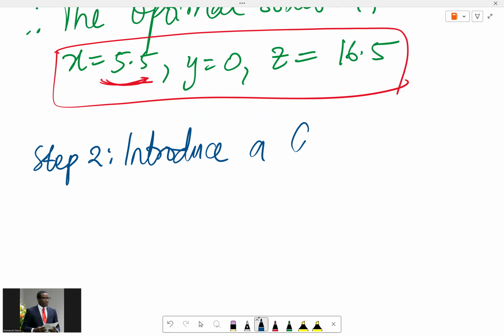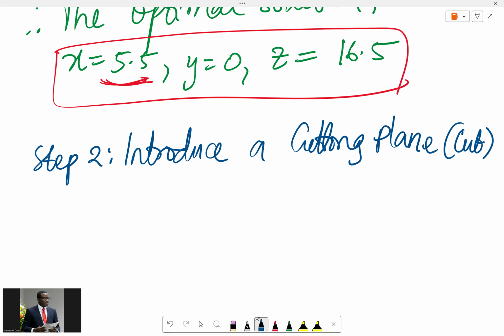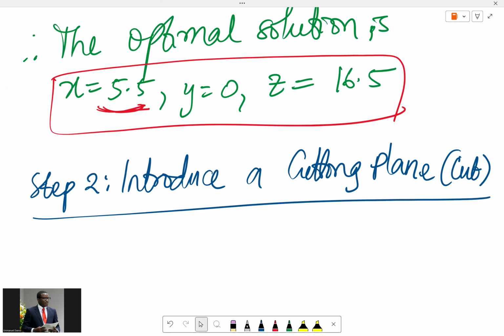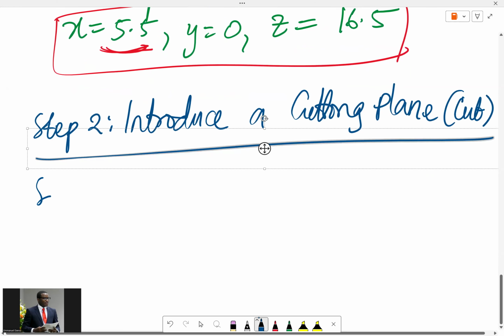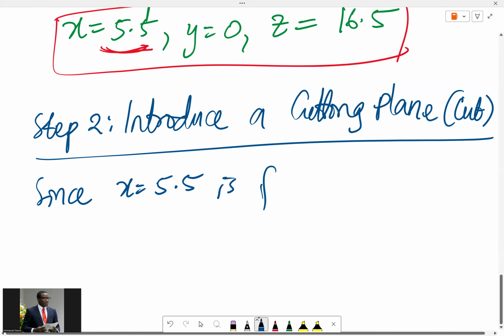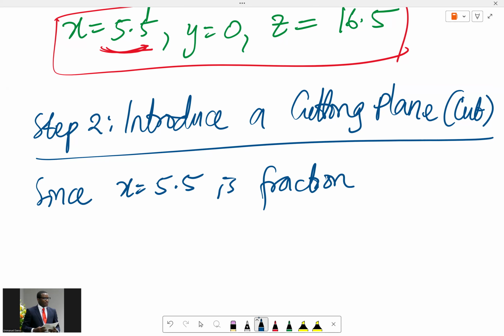introduce a cutting plane, or simply introduce a cut. A cutting plane is actually a cut, right? So we can say here that since x equals 5.5 is fractional, it is fractional because it has a decimal part, this 0.5 part.